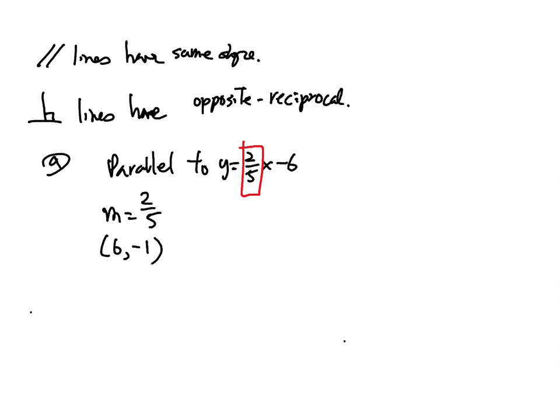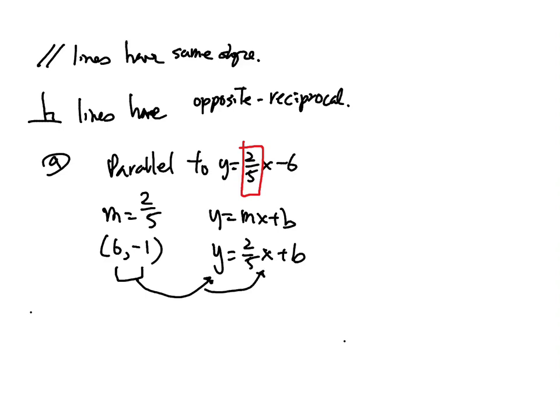And once you got the slope, you got the y-intercept. Again, that's y equal mx plus b. So you get y equal 2/5 x plus b. And then we can plug in the 6 and negative 1. You get negative 1 equal 2/5 times 6 plus b.